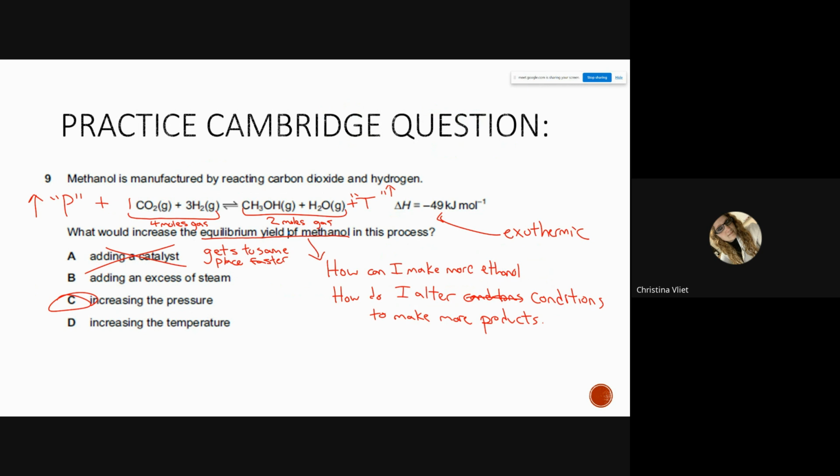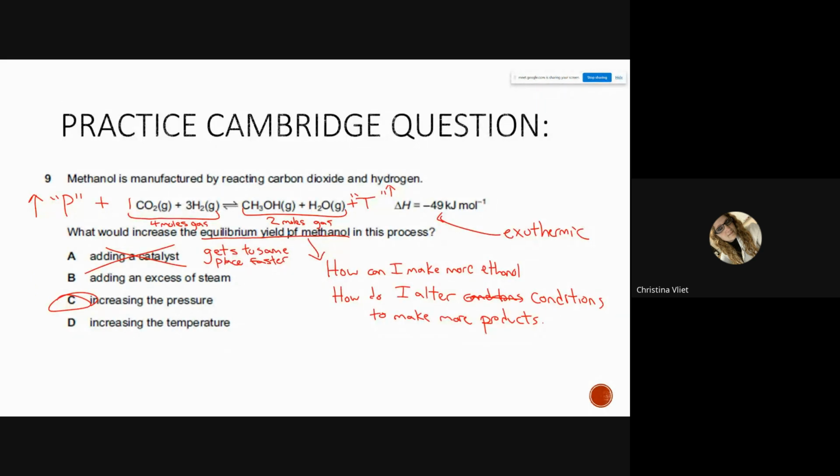In this case, more stress on this side would be more pressure, because this is the side with more moles of gas. If I was working in industry and wanted to develop a process to make more methanol, I would increase the pressure in my container, which means smushing the molecules closer to each other, by adding force or decreasing the area. Got it? All right.